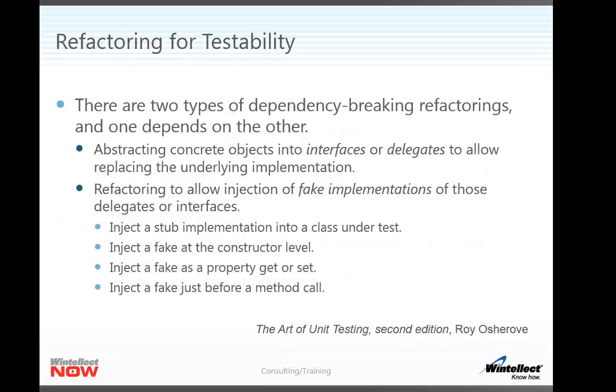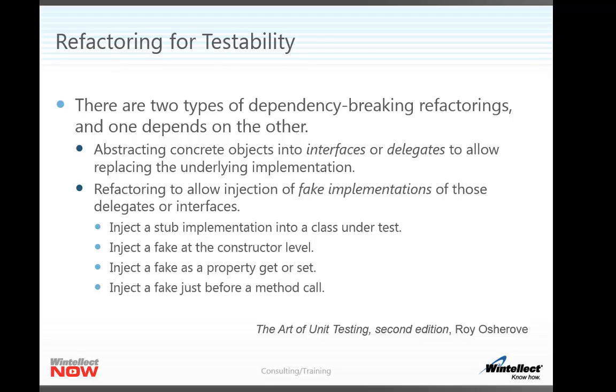To break the dependency between your code under test and a direct dependency, you can introduce one or more seams into the code. You just need to make sure that the resulting code does exactly the same thing it did before. There are two types of dependency breaking refactoring. One depends on the other. The first is extract an interface to allow replacing the underlying implementation.